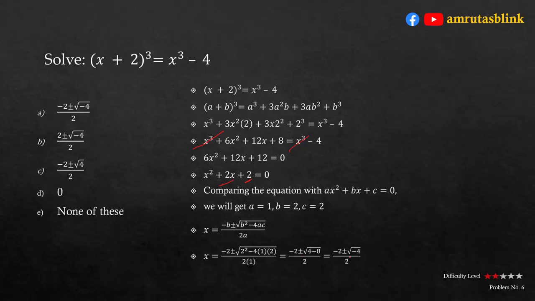So minus 2 plus or minus under root of minus 4 upon 2, which is answer option A. Now here in this problem you have got a minus number under the square root sign. So actually this is a complex or imaginary number. So we will keep this solution as it is, that x is equal to minus 2 plus or minus under root of minus 4 upon 2.